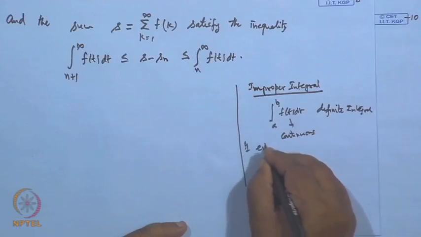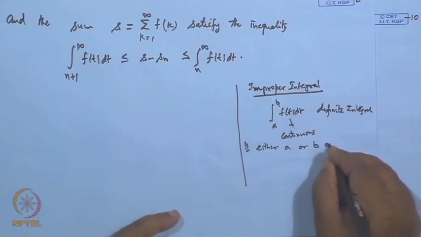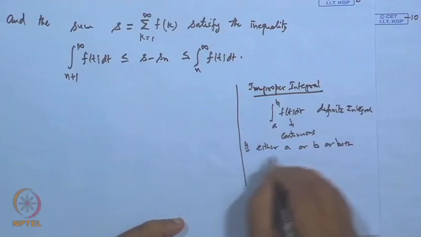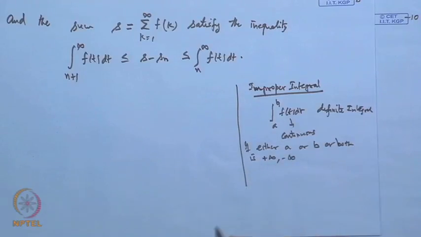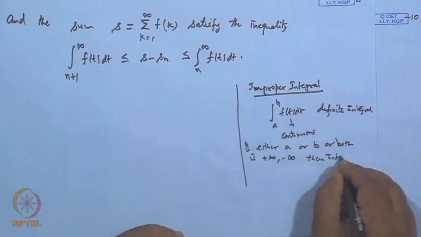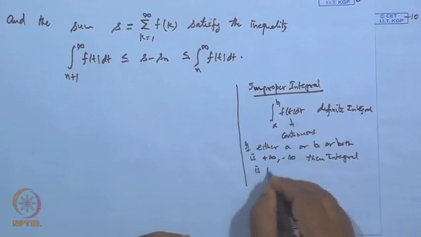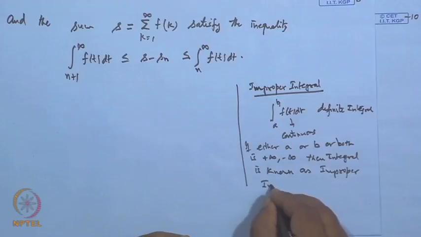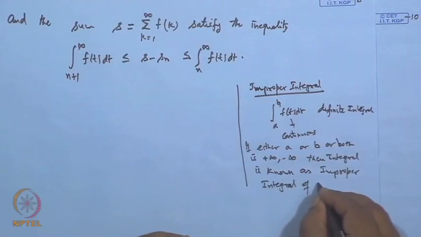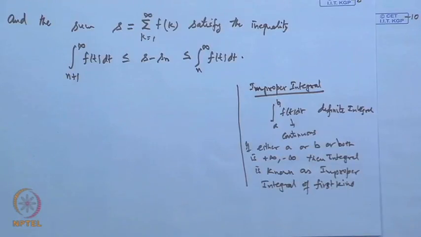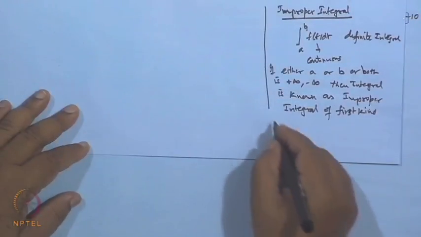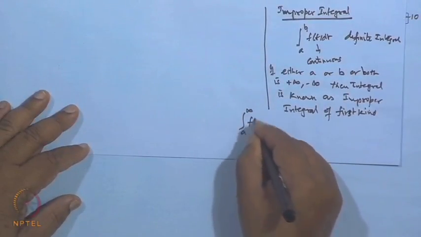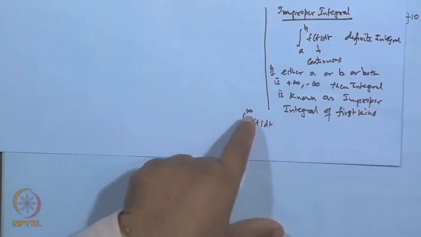If either a or b, or maybe both, is plus infinity or minus infinity, then the integral is known as an improper integral of the first kind. So the integral from a to infinity of f(t) dt is an improper integral of the first kind.